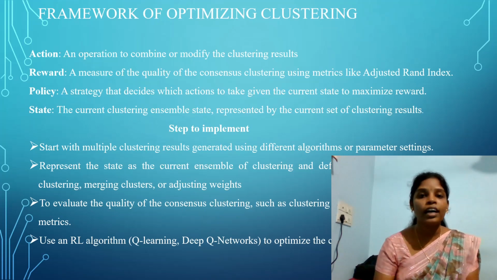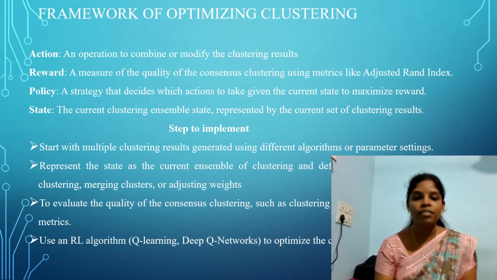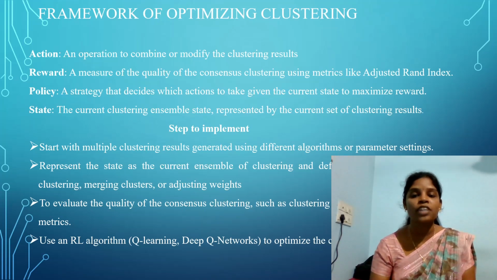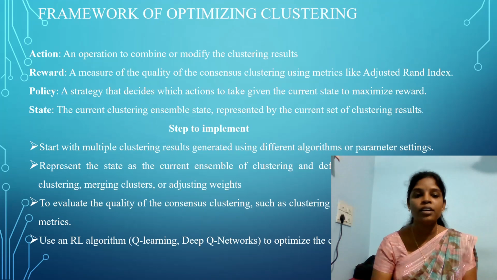So how to implement it step by step. Start by generating multiple clustering results using different algorithms and parameter settings. Represent the set as the current clustering ensemble, and define actions such as selecting a clustering, merging clusters, and adjusting weights. Then represent the states as the current clustering.